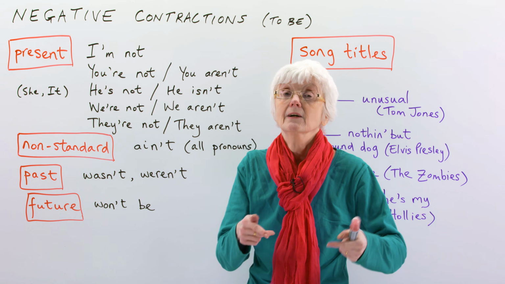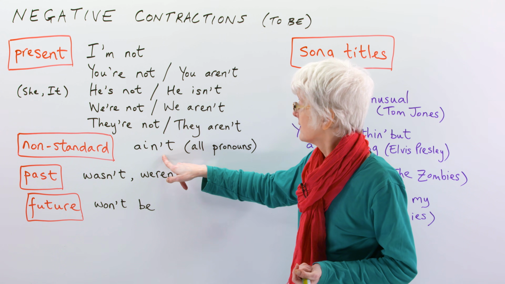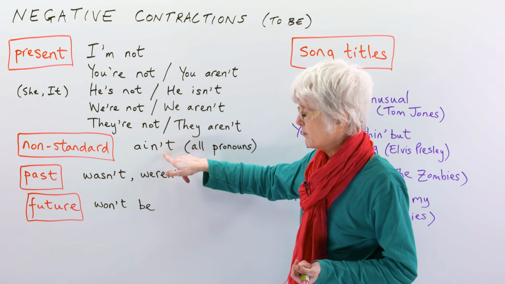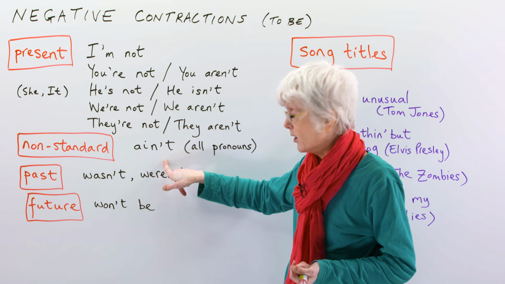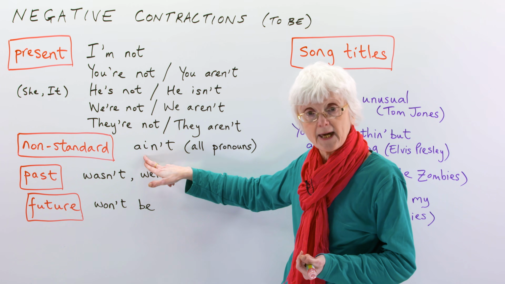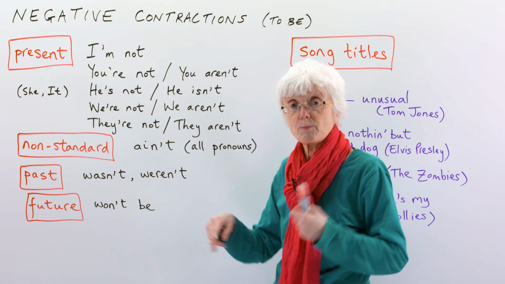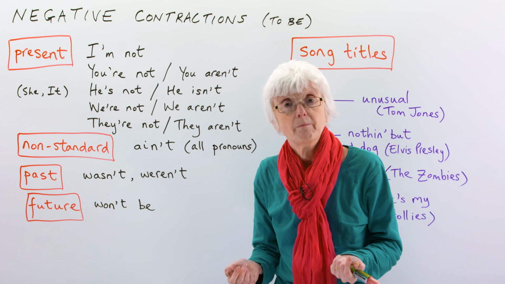It's not the standard grammar. And it's this ain't. And again, N apostrophe T shows that it's not, but a, not. Nobody says a, not. But in the contracted form, it's pronounced ain't.